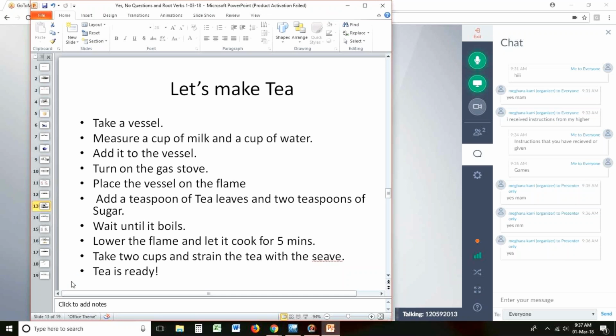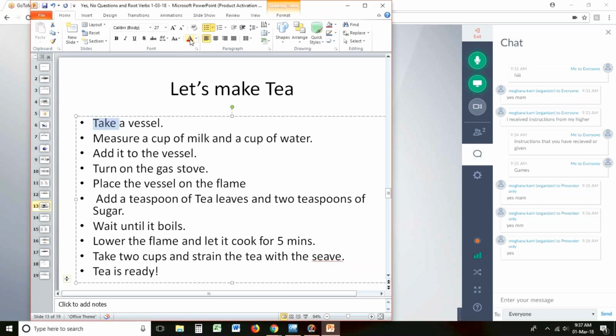So you measure a cup of milk and a cup of water, and you add it in the vessel. Turn on the gas stove.